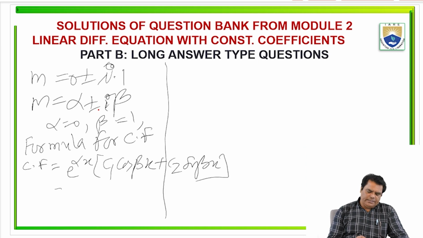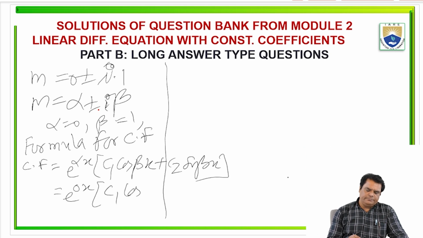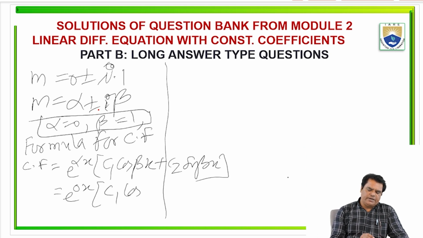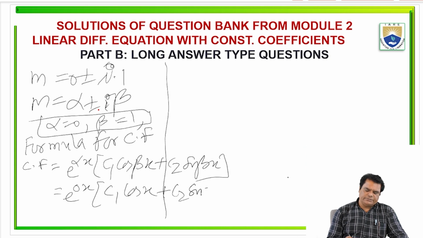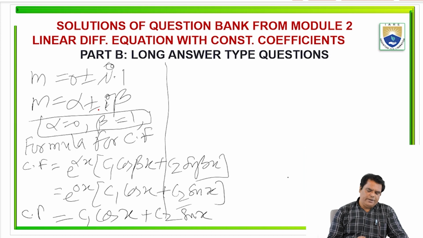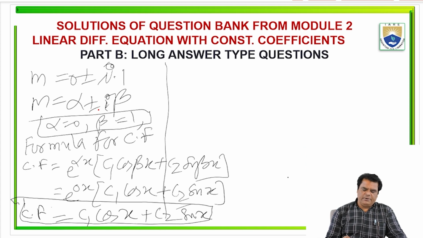So CF is equal to e to the power 0x, C1 cos x plus C2 sin x, since alpha is 0 and beta is 1. So C1 cos x plus C2 sin x. This is the complete complementary function of problem 1.